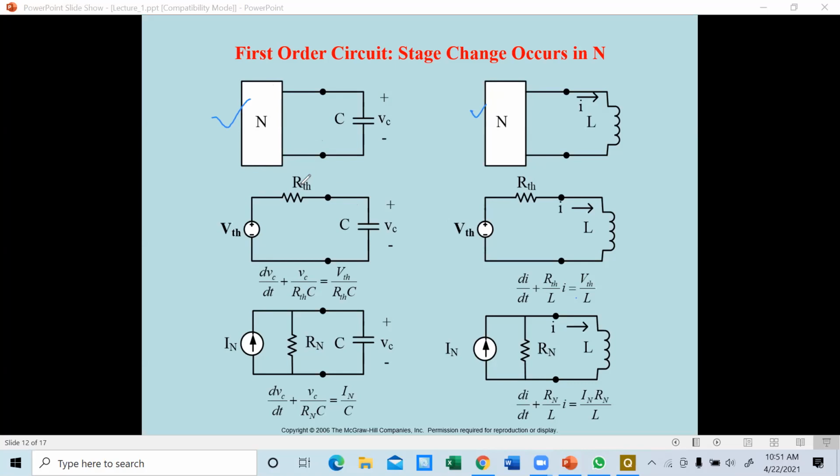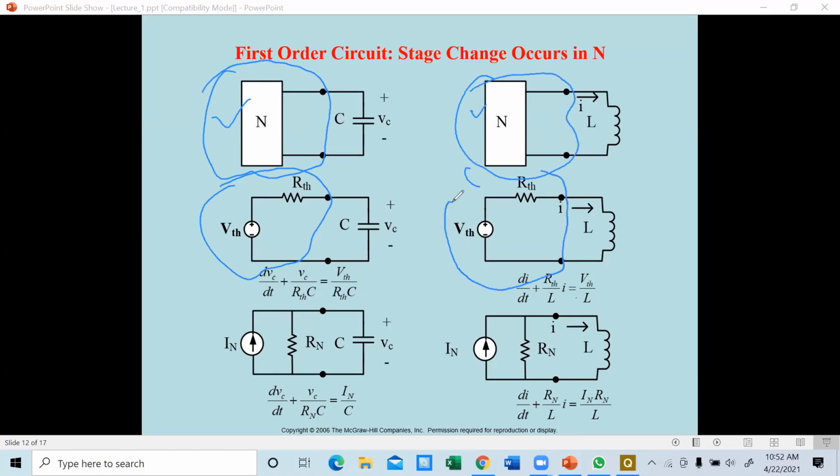Then what will happen? By using basic electrical circuit theory, this part of the network can be represented by what? A Thevenin equivalent, isn't it? Yes, sir. Similarly, this part of the network can be represented by a Thevenin equivalent, or equivalently by a Norton equivalent.